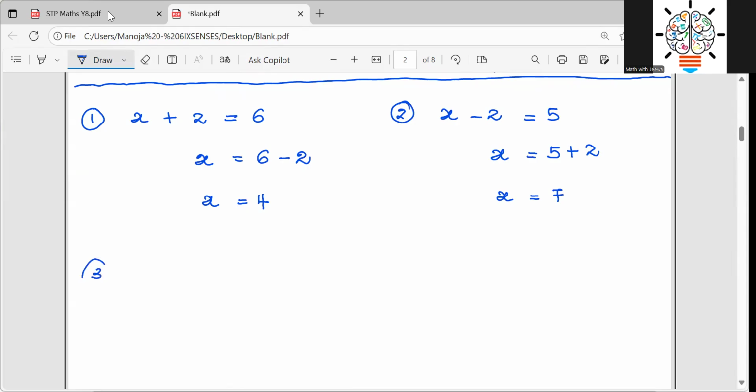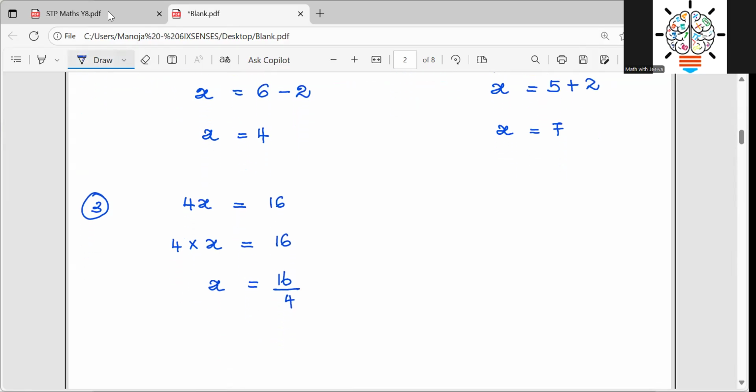And then the third one, right, let's say you have 4x equal to 16, 4 times x equal to 16. When I want to send that multiplication 4 to the other side, that becomes division 4, right? And then x is equal to 4. Then the next one we can have, let's say you have x divided by 2 equal to 7.